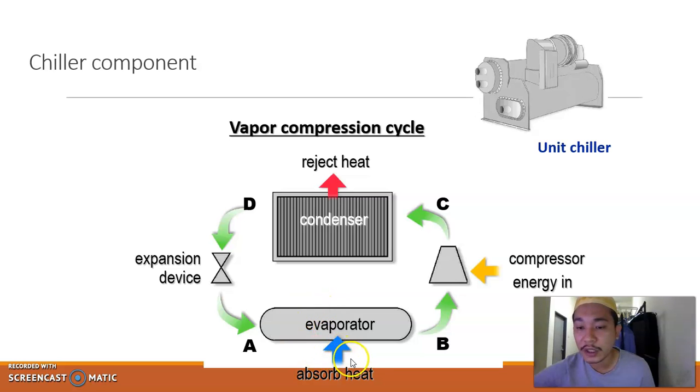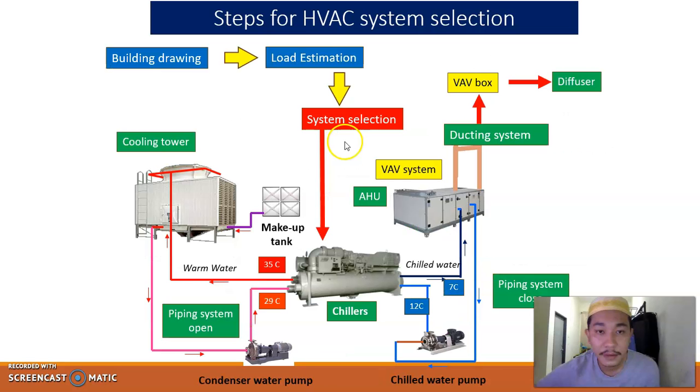The evaporator is usually located in the air handling unit or the indoor system, and it absorbs the heat. The system circulates the entire time to make sure the occupants receive the correct air temperature and humidity.